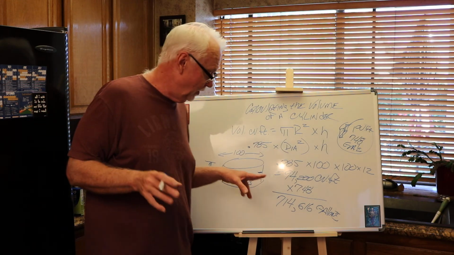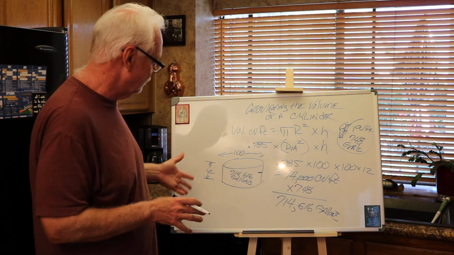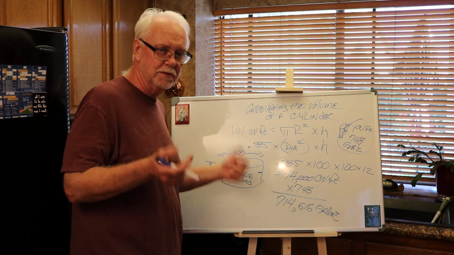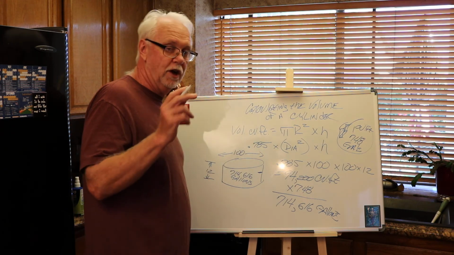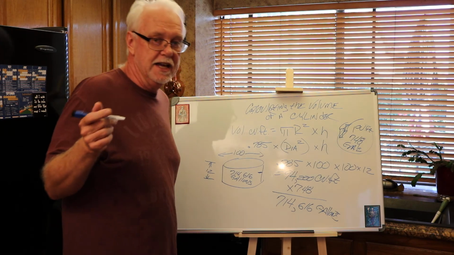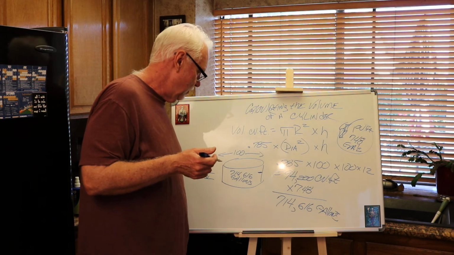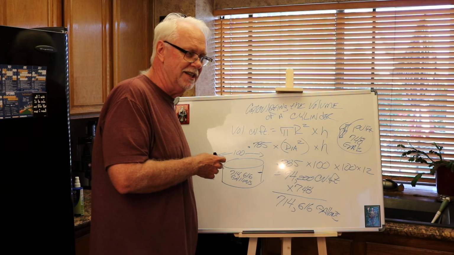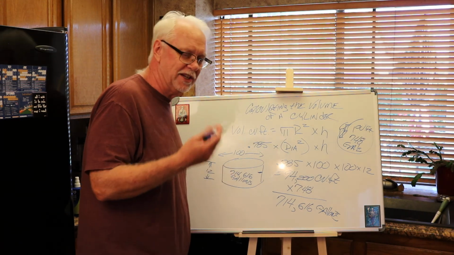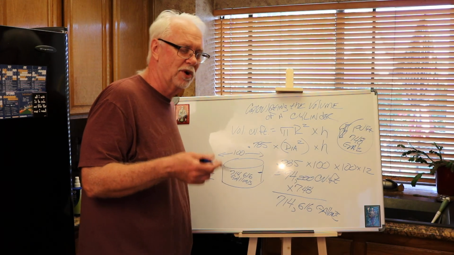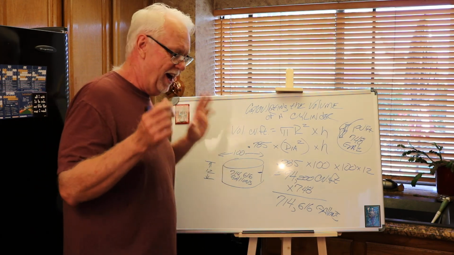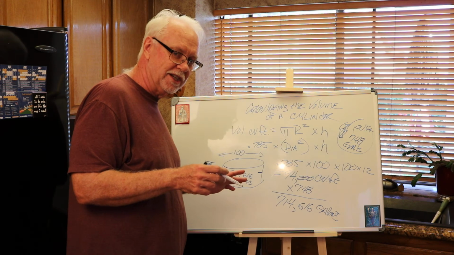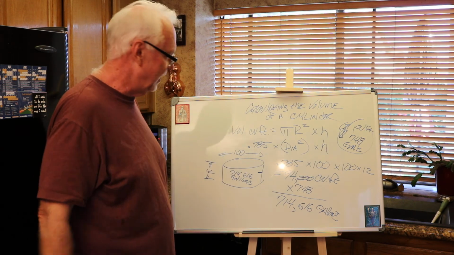And keep in mind, in real life, tanks are seldom always full. There's usually some kind of freeboard. So anyway, that is how to calculate the volume of a cylinder. Some of the cylinders you'll find in a water treatment plant are digesters, DAFs, secondary clarifiers, primary clarifiers, and gravity thickeners, all examples of cylindrical structures in a wastewater treatment plant or a water plant.